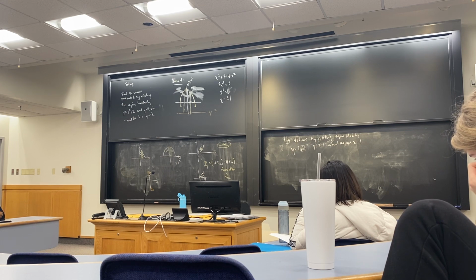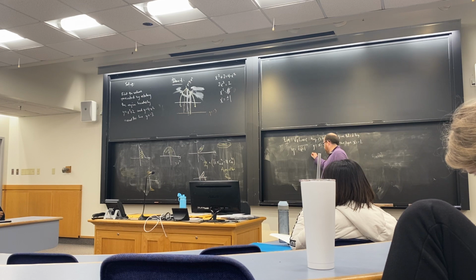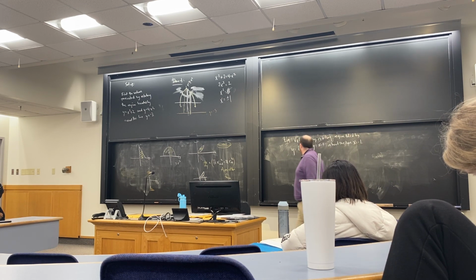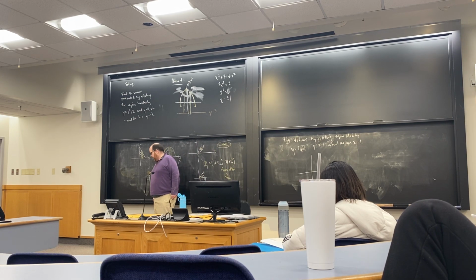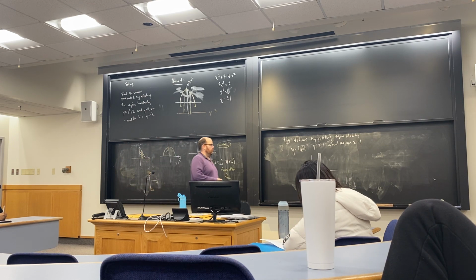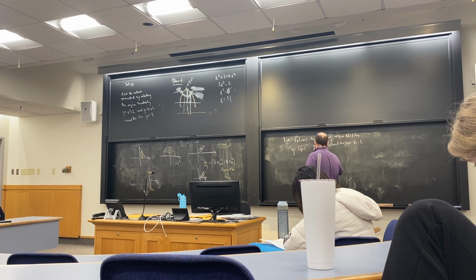Okay, so what's step 1? Yeah. Draw a picture. So what does y equals x minus 1 look like? We'll do the second one first. That's just the line, slope 1, intercept negative 1. So you get this line here.